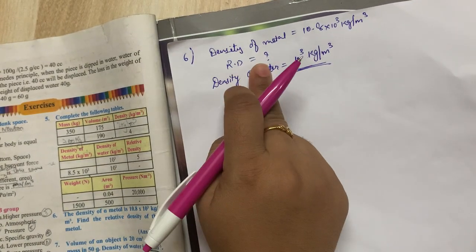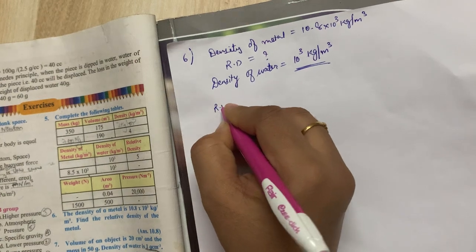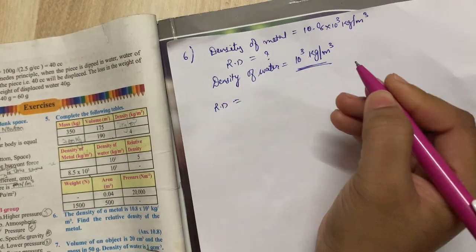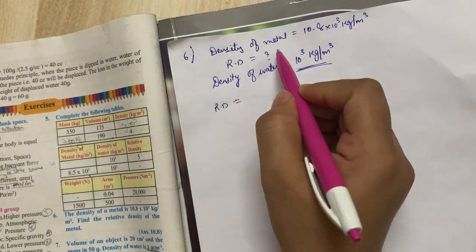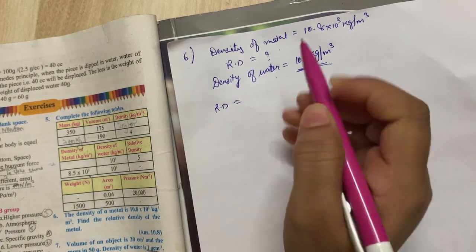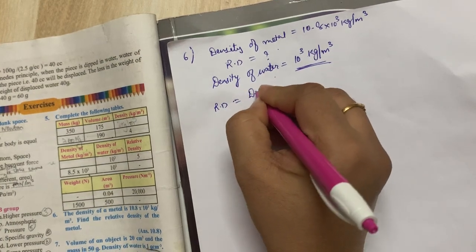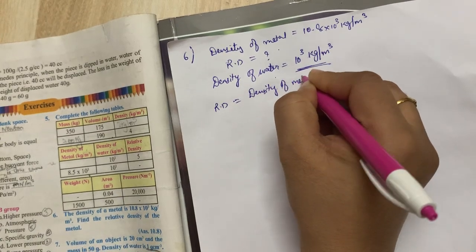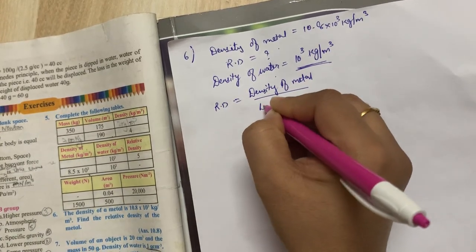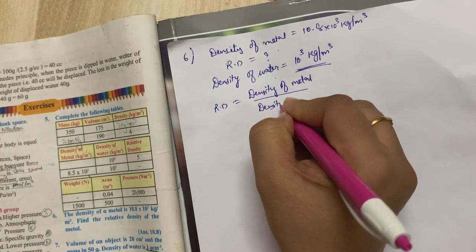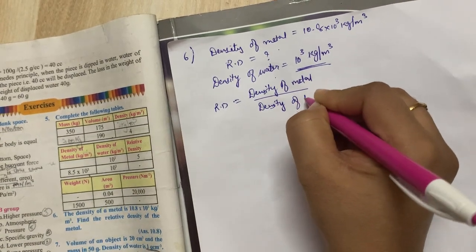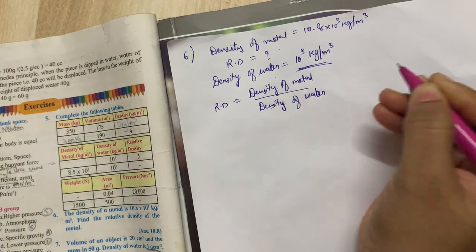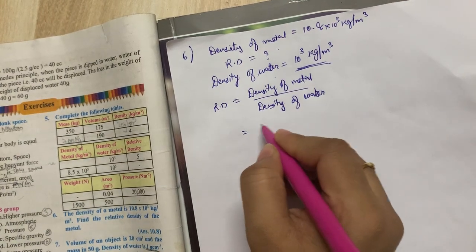If it is not given, then you have to take this. Now what is the formula to find relative density? You already have the formula: density of metal upon density of water, right? So just put the value.